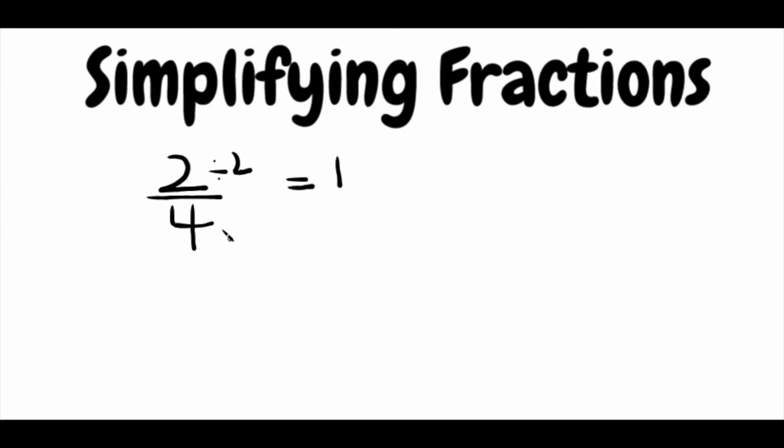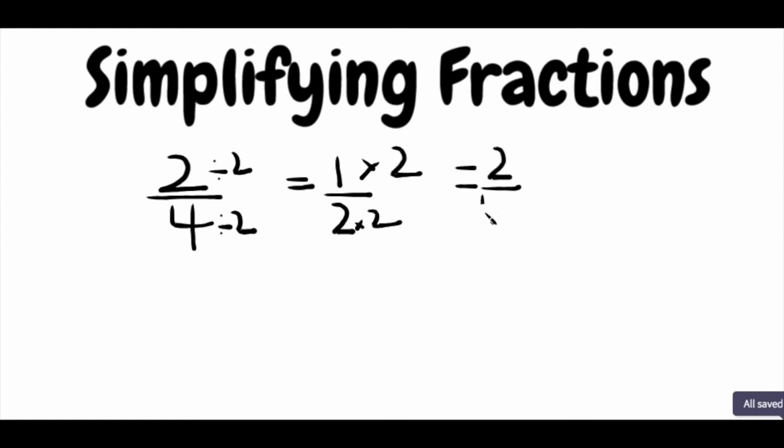And so if we divide 4 by 2, we get 2, okay? So we've simplified this fraction down, all right? And I also want you to note that if you do 1 times 2, you're going to get 2. And then let's multiply the bottom by 2, and you would get 4. Okay, so you can go back and forth, but you always want to try to put it in the simplest form.